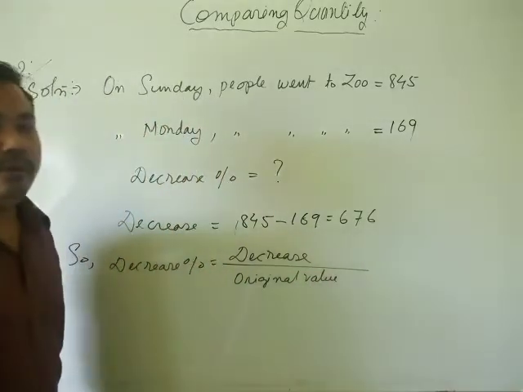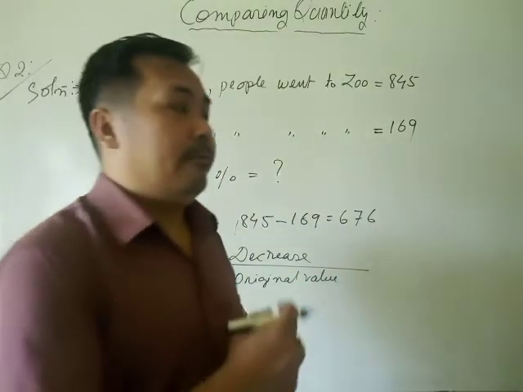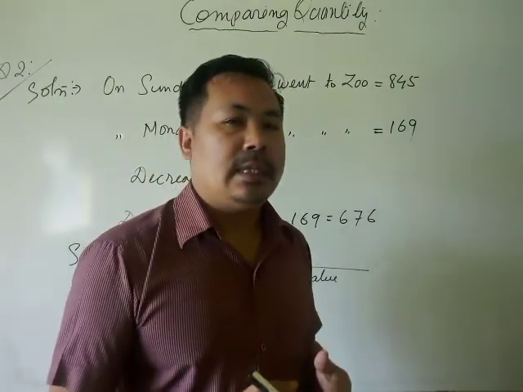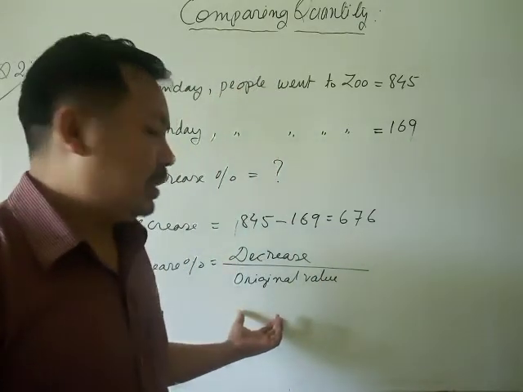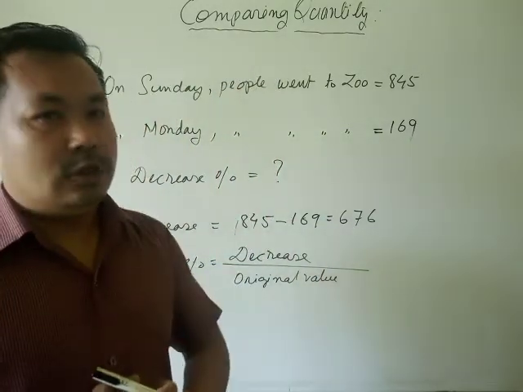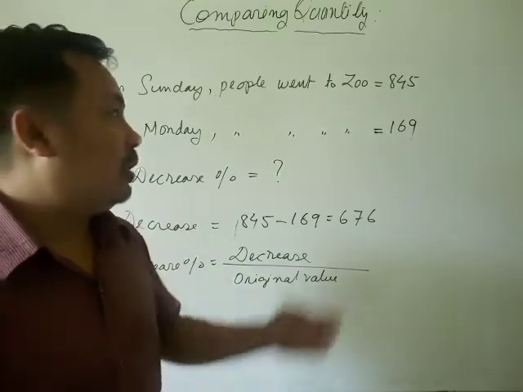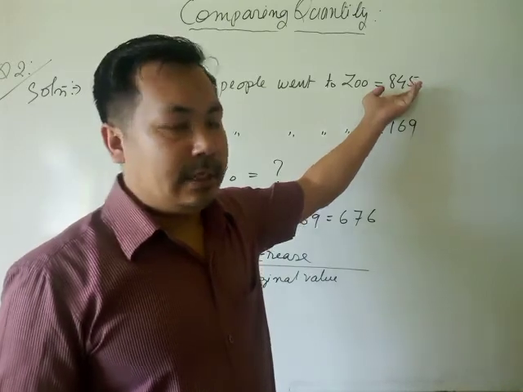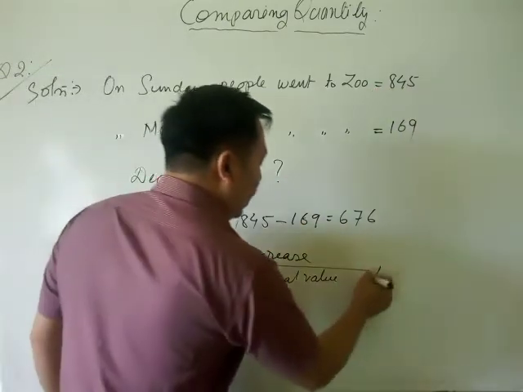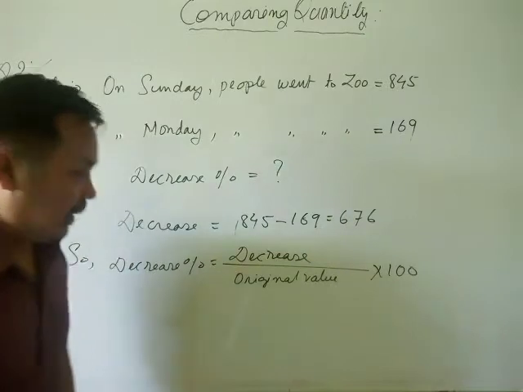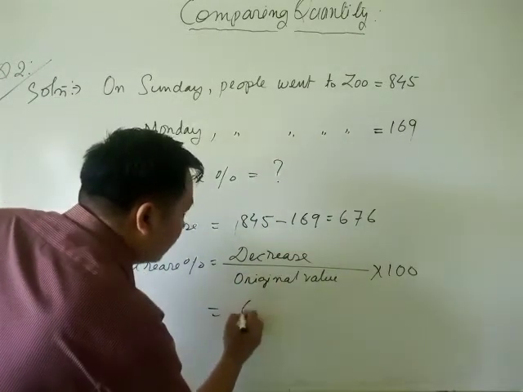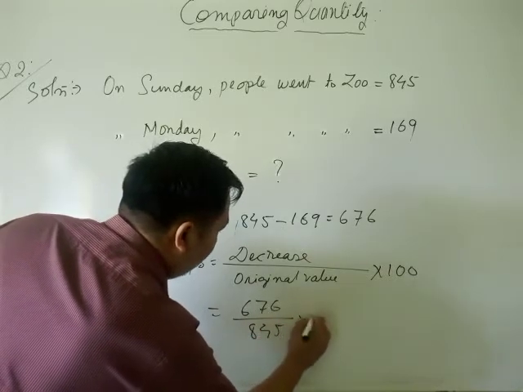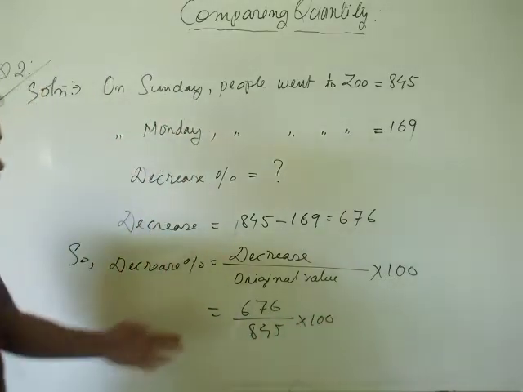My dear friend, when we are finding the profit percentage or loss percentage, we say cost price, but for such a situation, it is the original value. The original value in the beginning was 845, and into 100 to find the percentage. So we have 676 by 845 into 100. Let's see how much we get here.